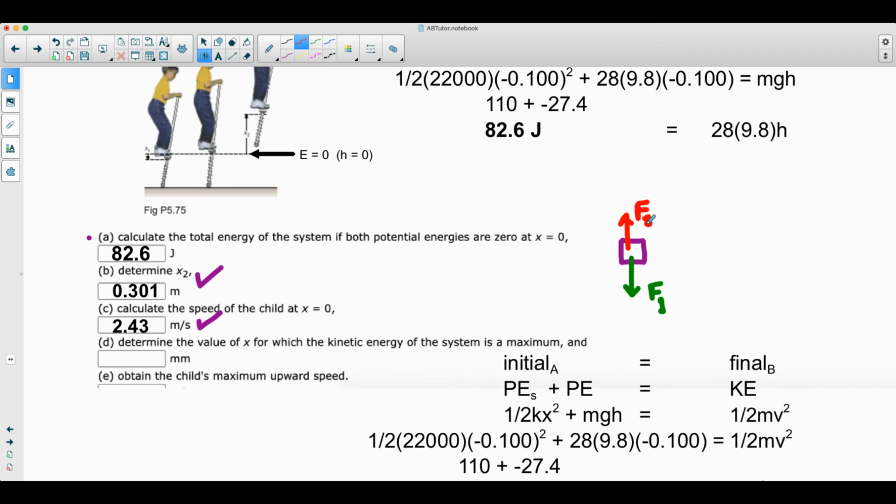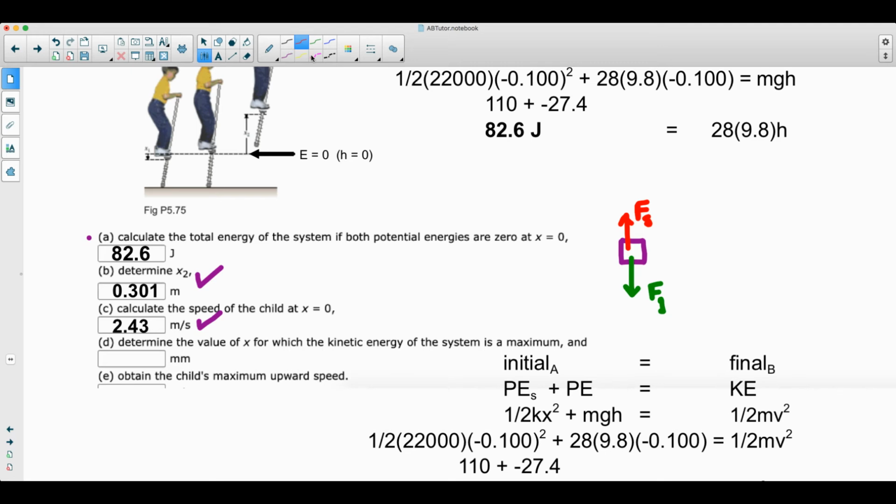So the pogo stick's pushing on him, and gravity's pulling down on him. These two, depending on which one is bigger, he will continue to accelerate in a direction.